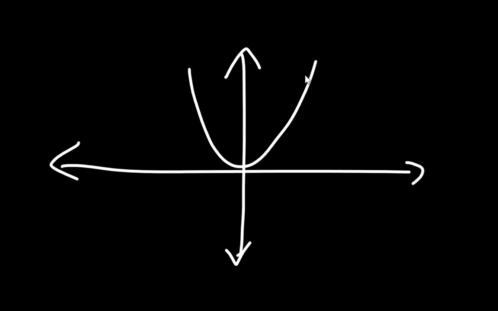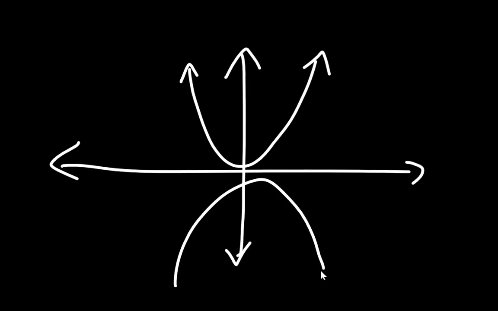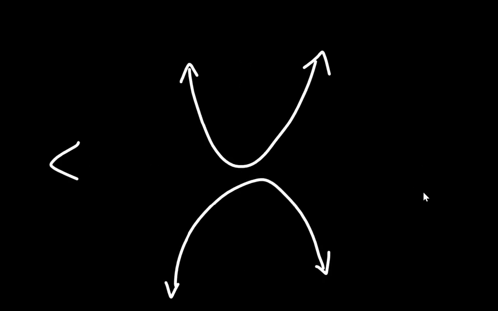So in an x squared equation, it looks like this. This is a positive m, and this is a negative m. Something like this, a u. Actually, like this, sort of.